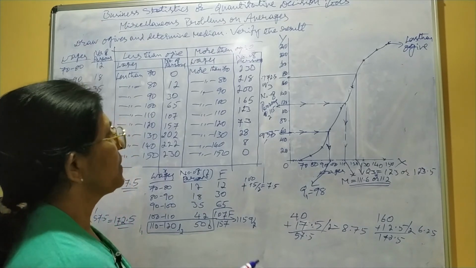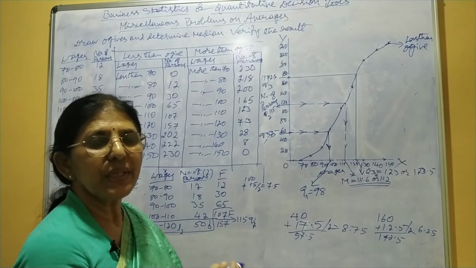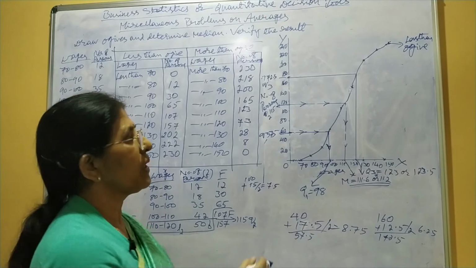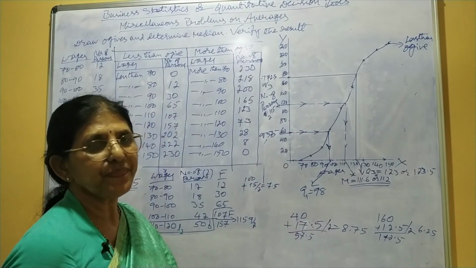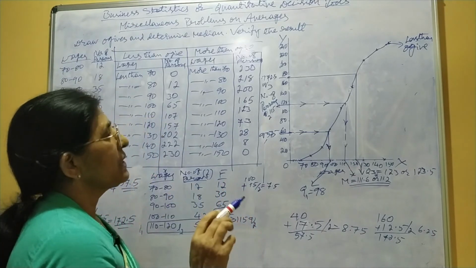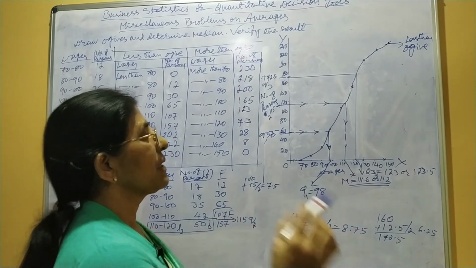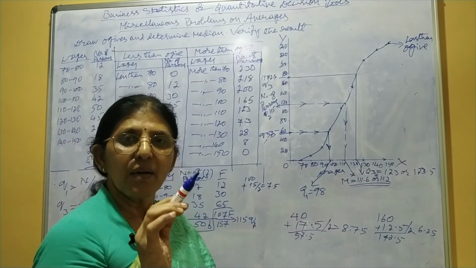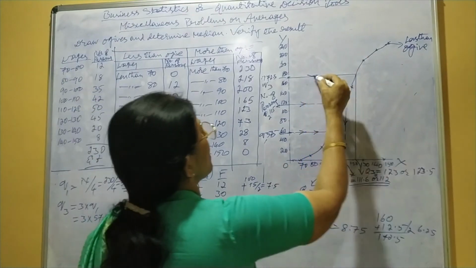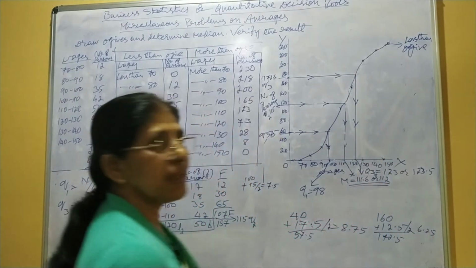Now I hope you learnt how to locate or determine the median, upper quartile and lower quartile with the help of the ogive. When it is asked to locate the median, lower quartile and upper quartile, all three, you need not take more than ogive. Just by drawing the less than ogive, you may determine all three: median, lower quartile and upper quartile.